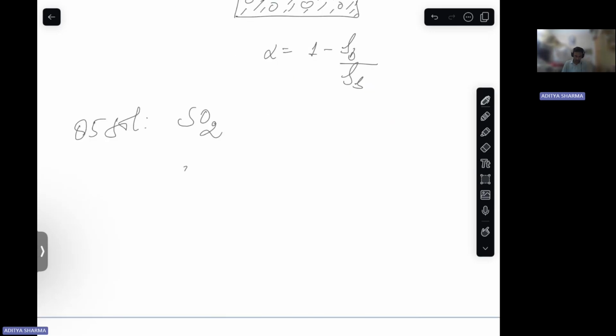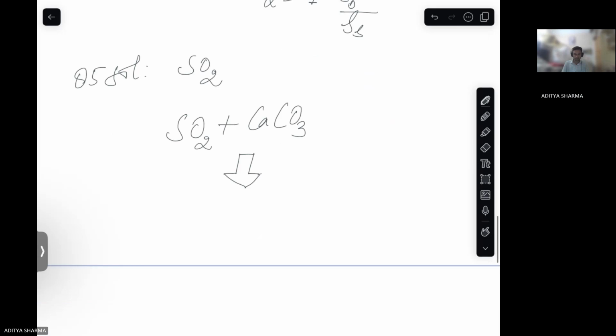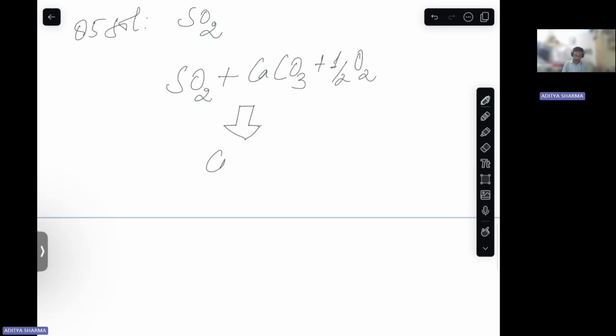How do you deal with sulfur dioxide? Because this is unwanted, you add calcium carbonate in your fluidized bed, right? This gives rise to, if you balance it with oxygen, something like this.